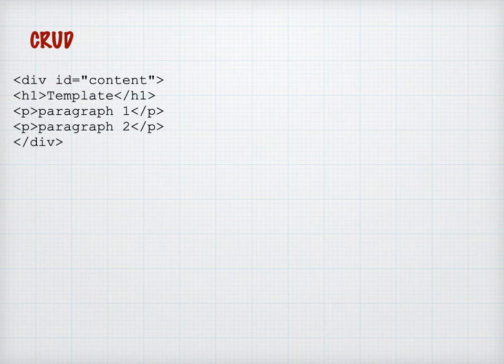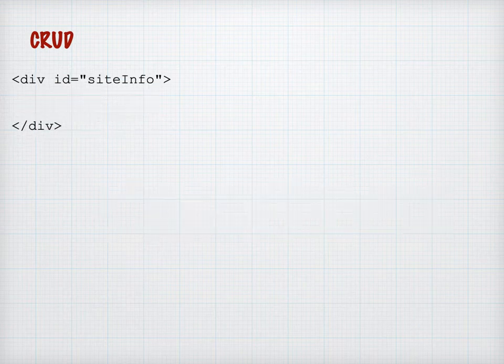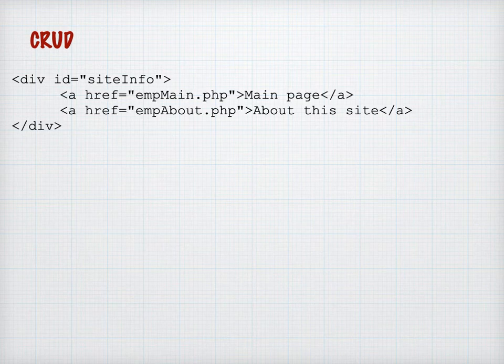As an example, I put an H1 and a couple of paragraphs like this, and it looks like this. Finally, down the bottom we've got a site information section, and on all of the pages our site information will simply be a link back to the main page and a link to an about this site page that we're going to have, and that will look like that.